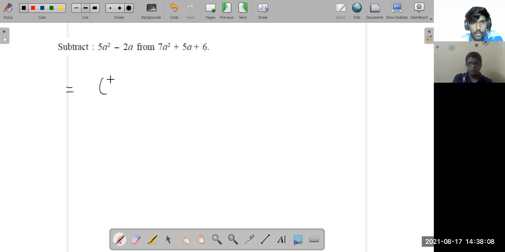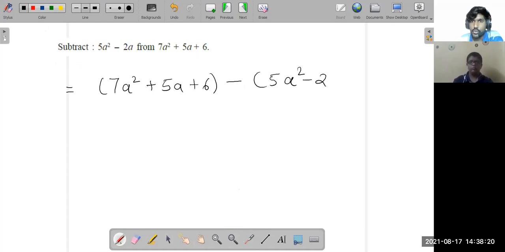So the polynomial after 'from' we will write first: 7a square plus 5a plus 6 minus 5a square minus 2a. Did you understand this? Yes, sir.